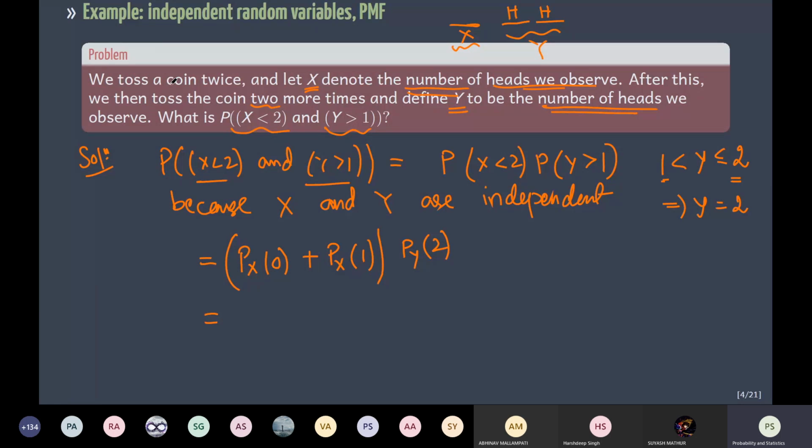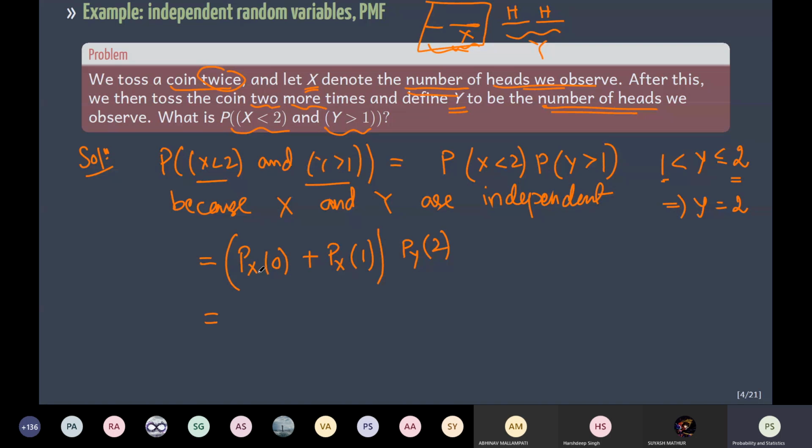Because we tossed a coin twice, so for x also we have 2 tosses. We toss a coin twice and let x denote the number of heads we observe. After this, we toss the coin 2 more times. Okay, so up to here, this is the setup for x.